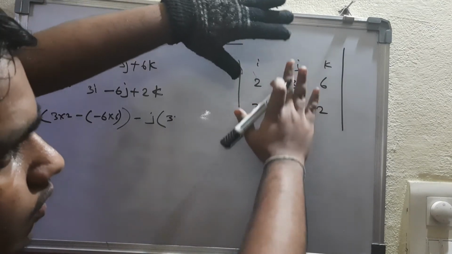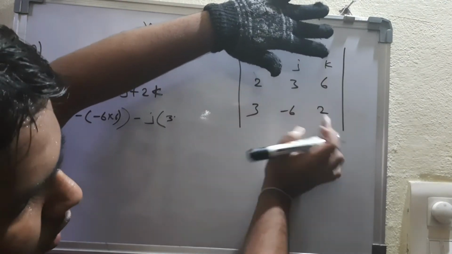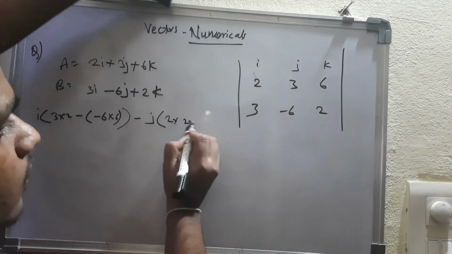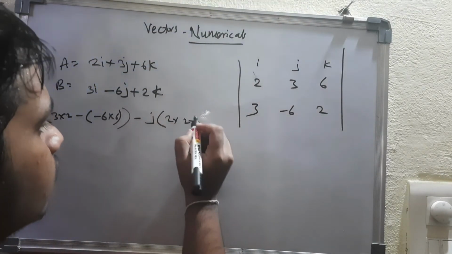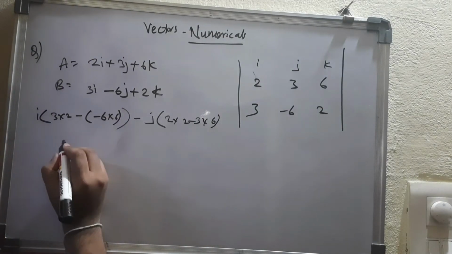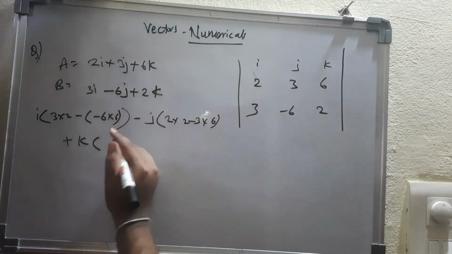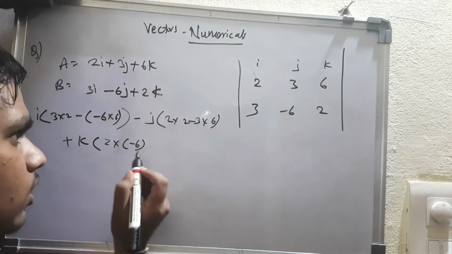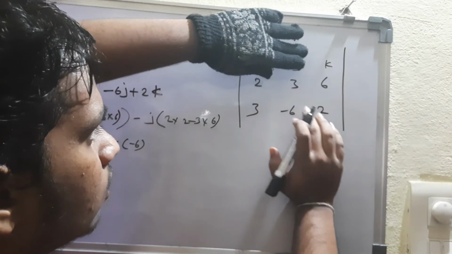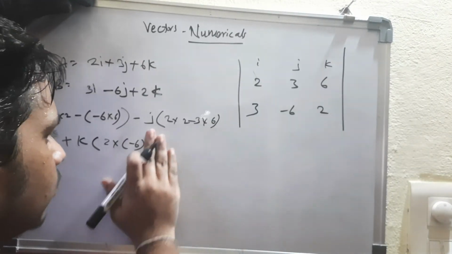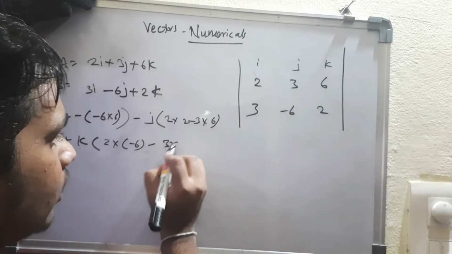Now for j, forget this row and this column: 2 into 2 minus 3 into 6, plus k into 2 into minus 6 plus minus 3 into 3.